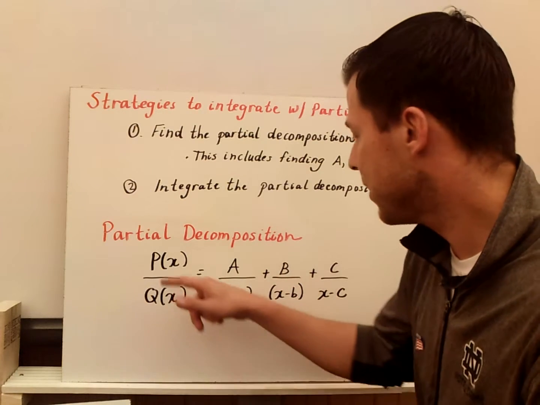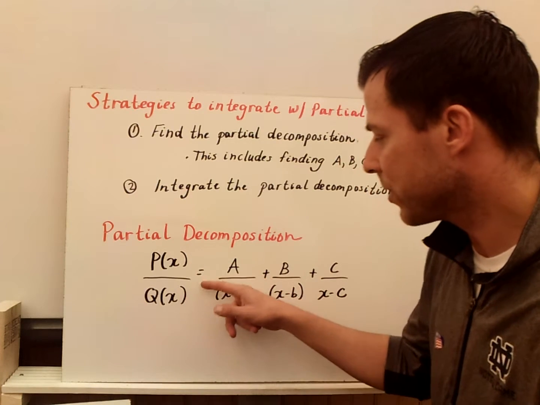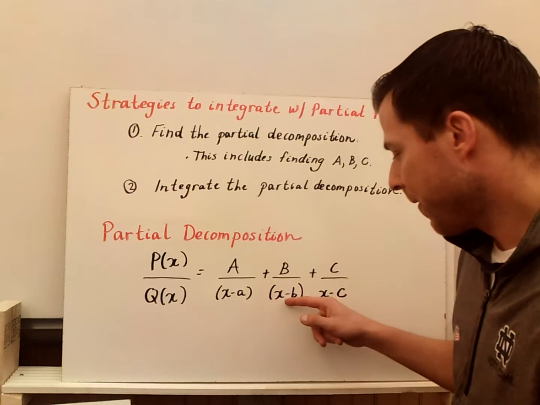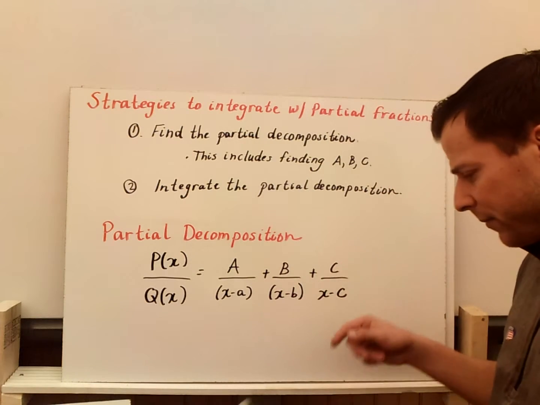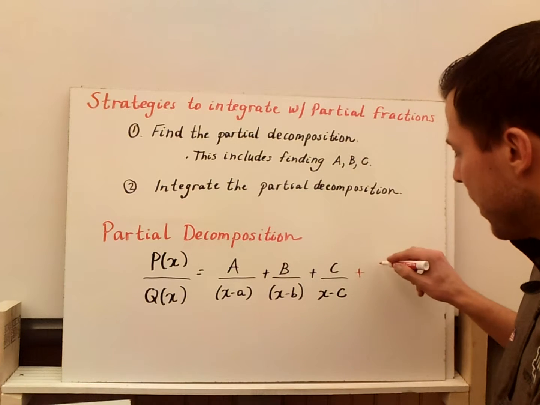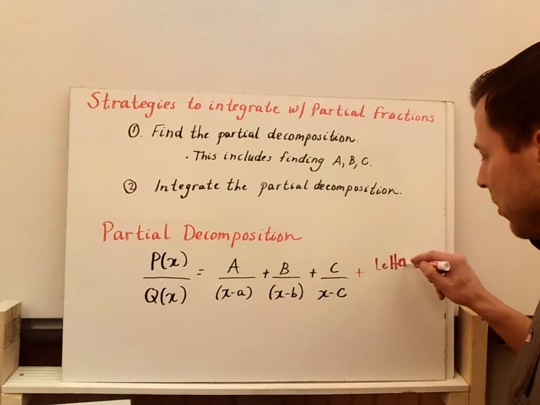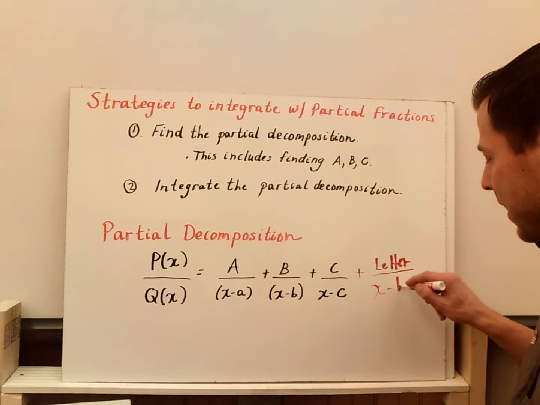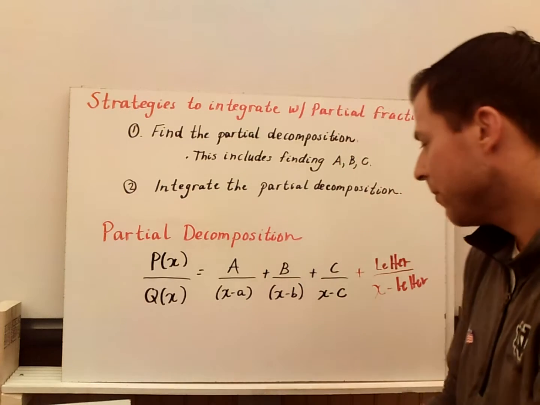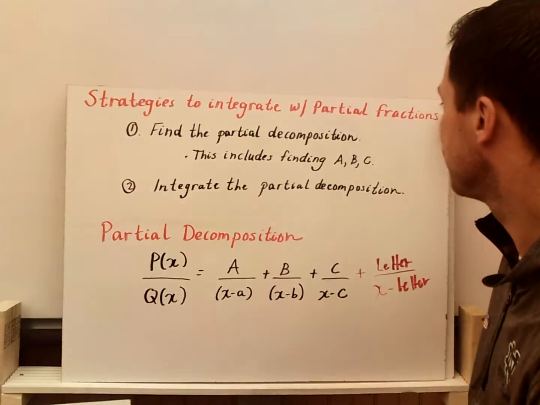The partial decomposition of a proper rational function breaks down into A over x minus a, B over x minus b, C over x minus c, and it keeps going, letter over x minus that letter, depending on how many factors you have. Most of the time we're going to stick between 2 and 3 on these decompositions.